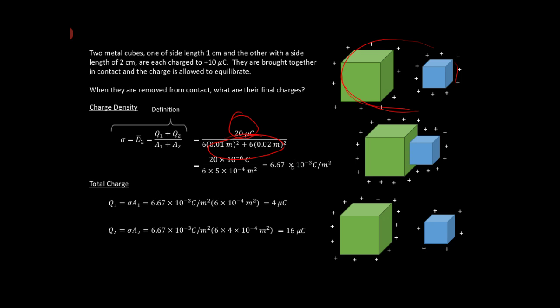And we end up with 6.67 millicoulombs per meter squared as our density.